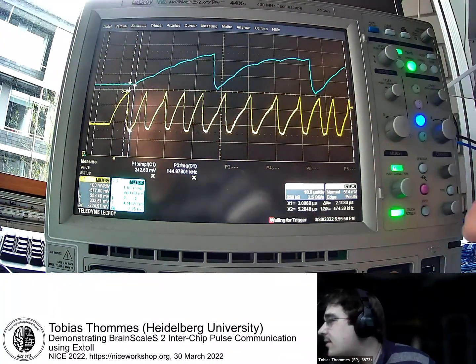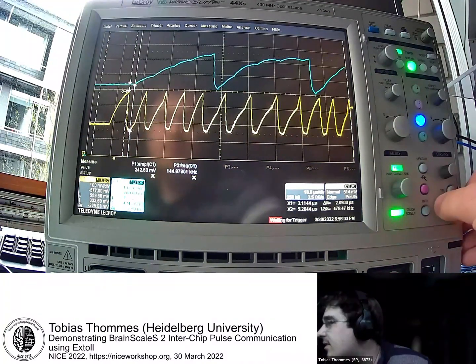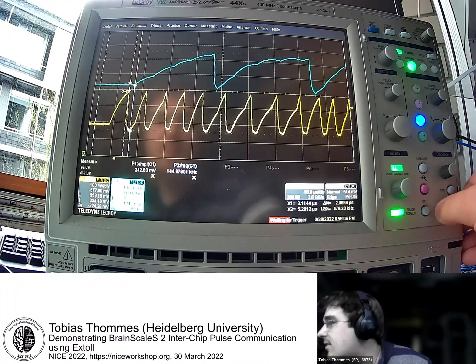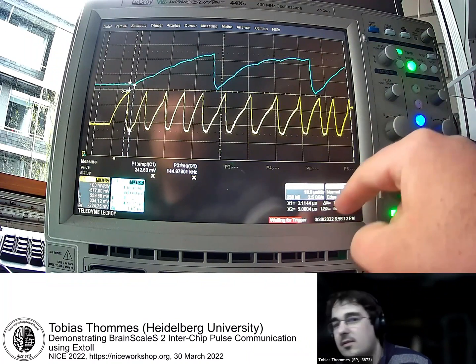But again, the latency between the first spike on the source chip and the first reaction on the destination chip is quite similar.